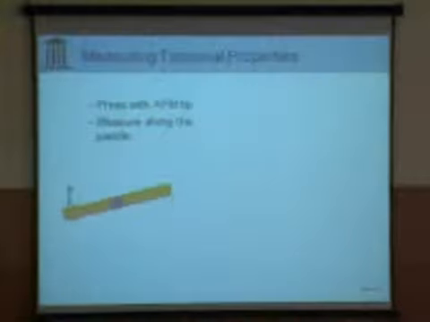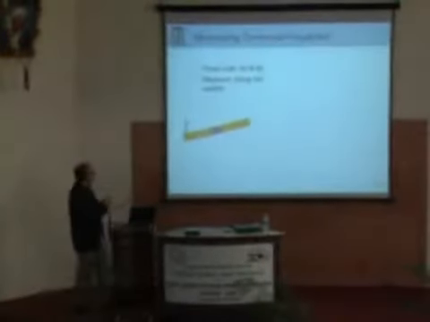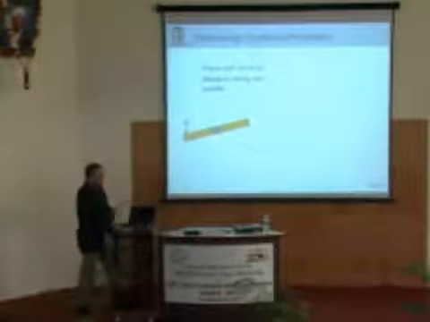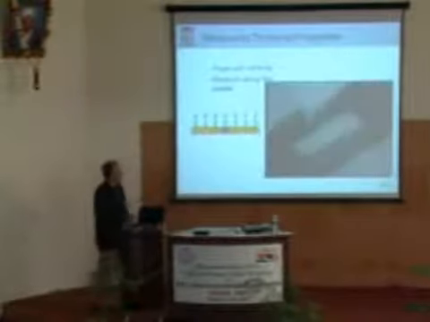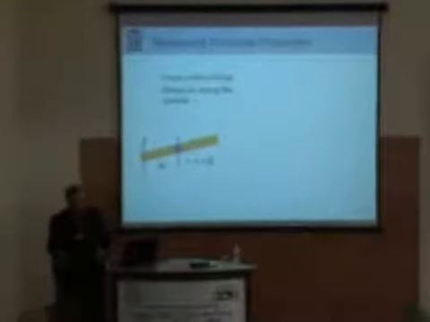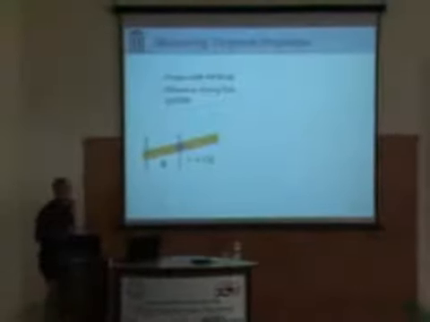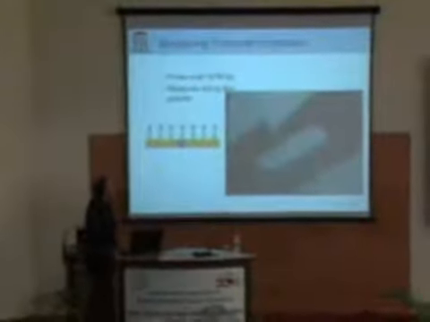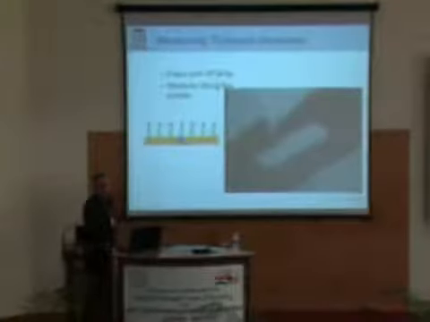So what we're going to do instead of measuring this distance here explicitly, which is difficult to do, we do a series of measurements of pressing down on the paddle with the AFM tip, and in doing so, our challenge then is to measure the torque that we apply to the device. And so we do that by bringing the AFM tip down on the paddle.